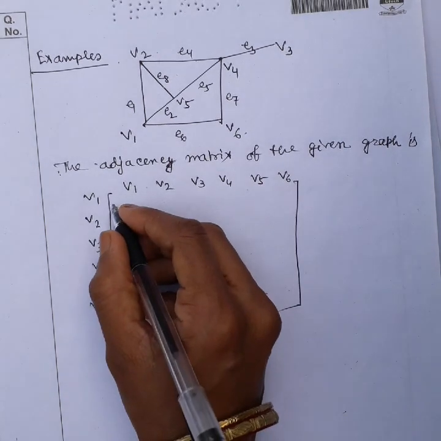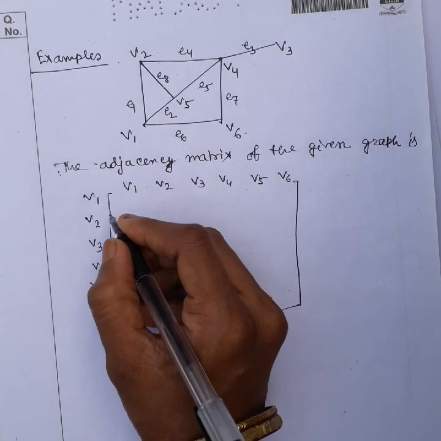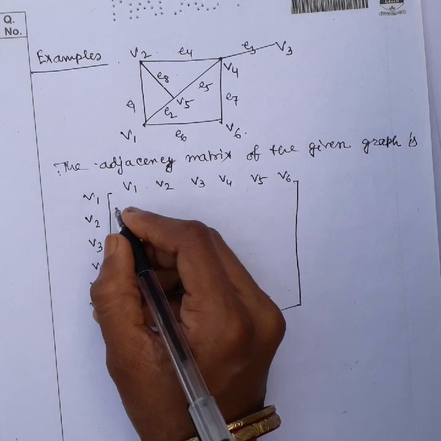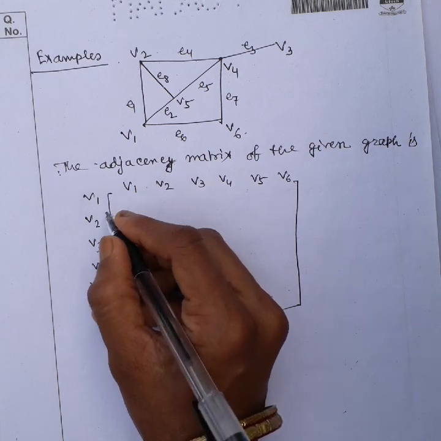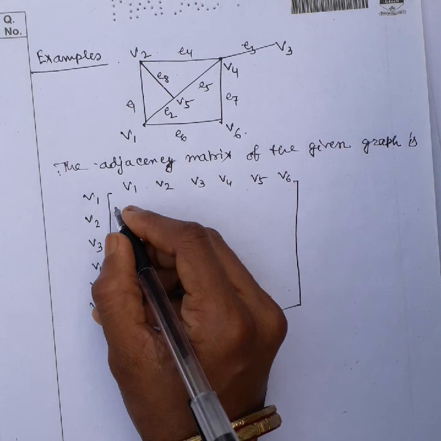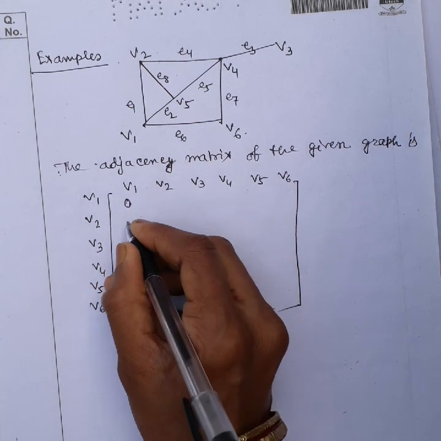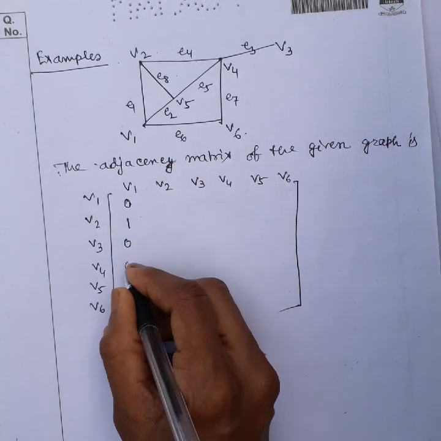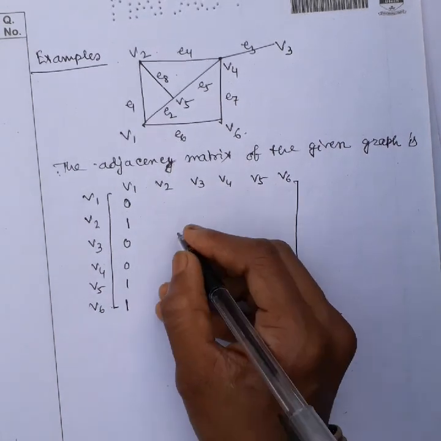Okay, here V1 is connected with 3 vertices, V2, V5 and V6. So at those positions only 1, others are 0.